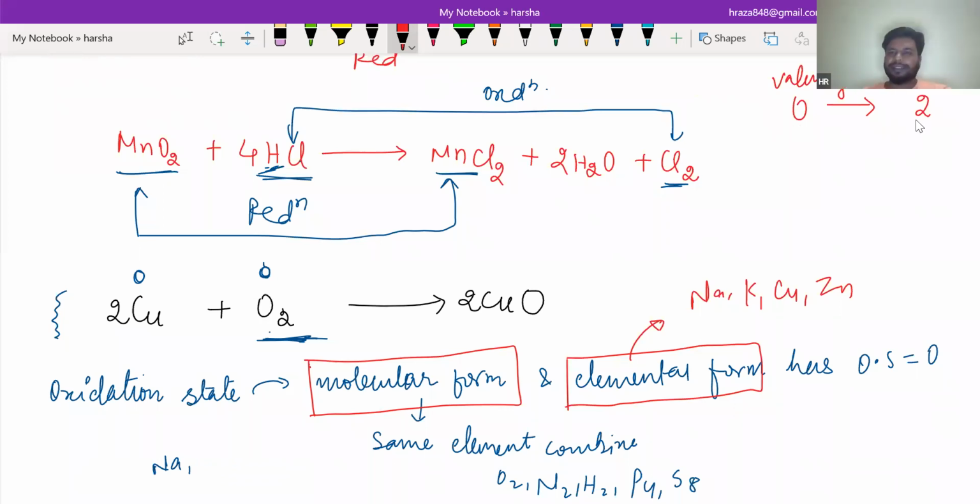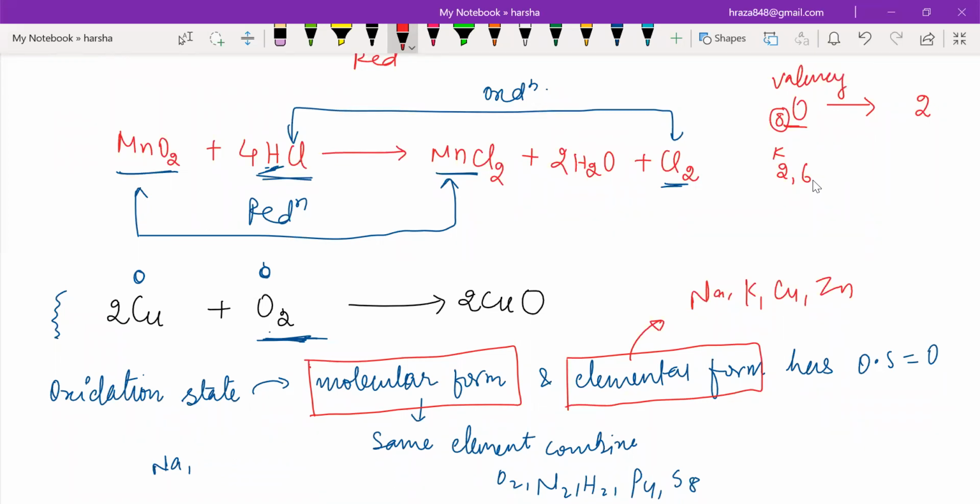Now see, oxygen has a valency of 2. Will it gain or lose? It will gain. See, oxygen has atomic number 8. In the first shell, the K shell, there will be 2 electrons and then 6 electrons distributed in the outermost shell. This you have done in class 11. Electronic configuration 2, 6. Yes, sir.